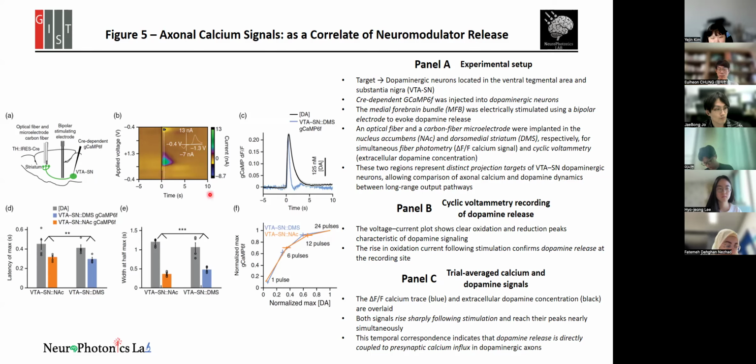And panel C shows both calcium and dopamine signals. And both signals rise sharply following stimulation and reach their peaks nearly simultaneously. This temporal correspondence indicates that dopamine release is directly coupled to presynaptic calcium influx in dopaminergic axons.